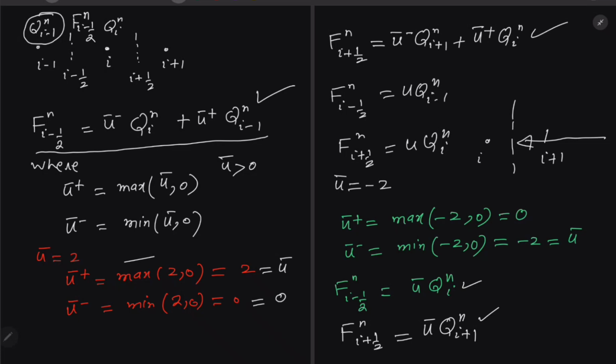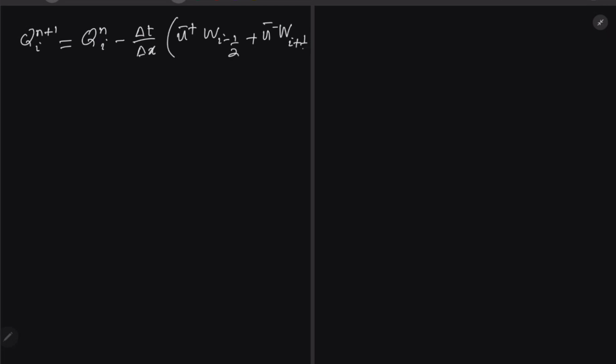So this was the generalization, or maybe I should write it here again. That's how we can write the most general form of this numerical method: Qn I minus delta t by delta x, u bar positive, W I minus 1 half plus u bar negative, W I plus 1 half, and so on.